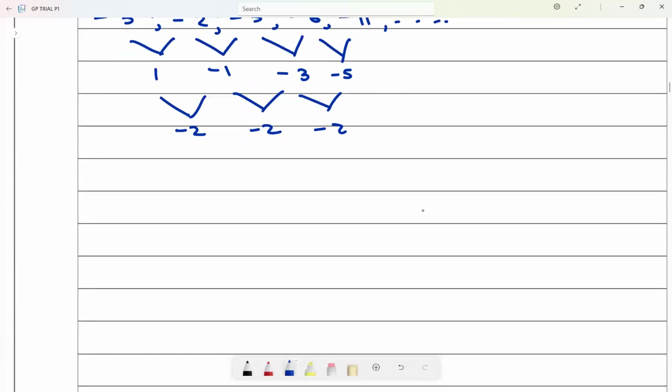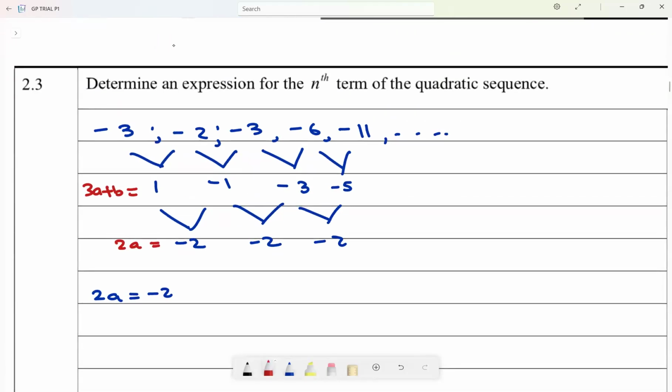We know that 2a is equal to -2, 3a plus b, and a plus b plus c.